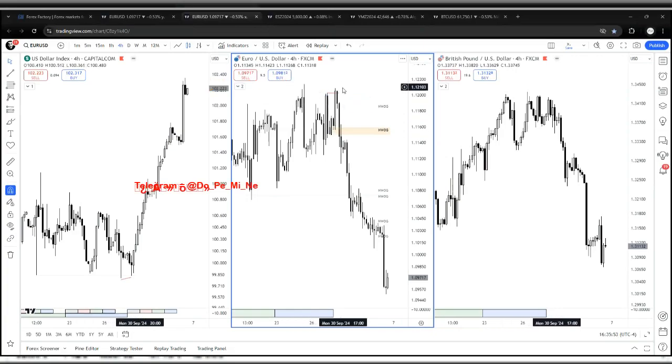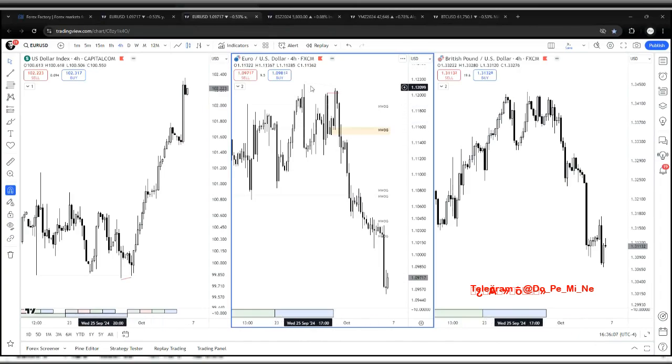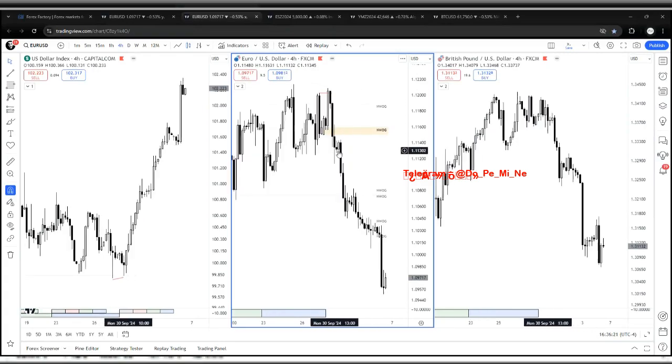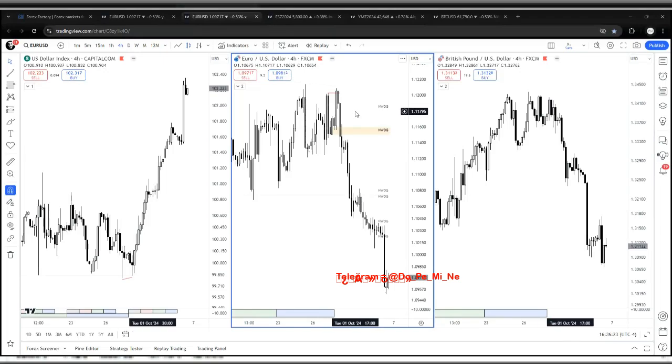Above here, what do we have? Sequential SMT. Here we had sequential SMT again between the monthly cycle, then we had it here between the weekly cycle. So we had a two-stage sequential SMT here, which was also above this new opening gap or the weekly open, right? Looking at this, you can see that price reacts to the new week opening gap more than it reacts to the candles.